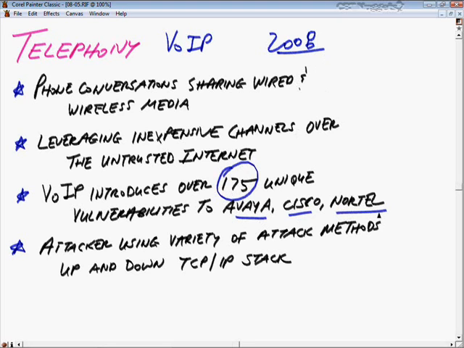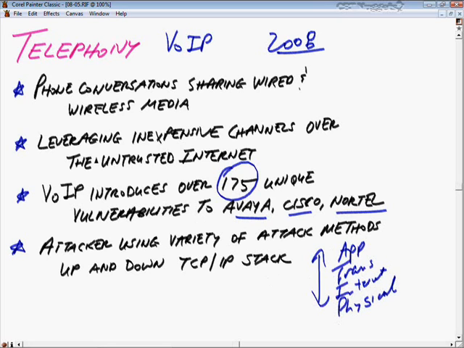And the hackers are using a wide variety of attack methods that are attacking voice over IP all the way up and down the TCP/IP stack, at the application layer, at the transport layer, at the internet layer, all the way down to the physical layer as well.